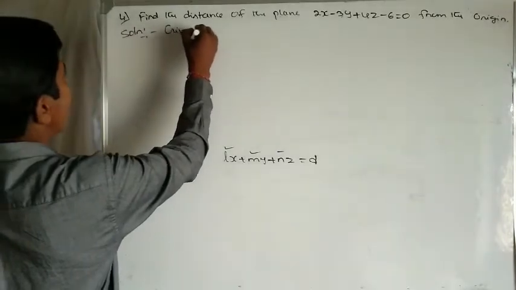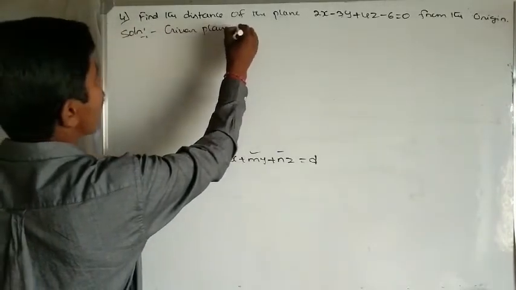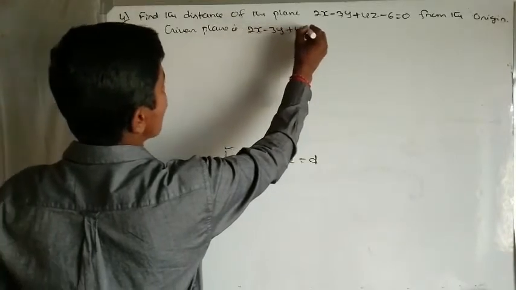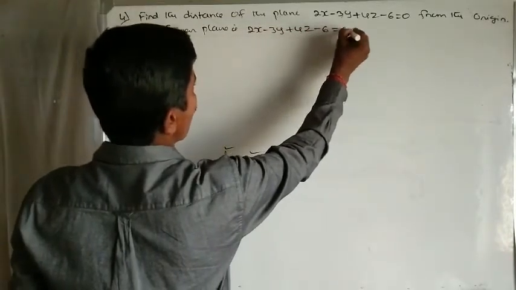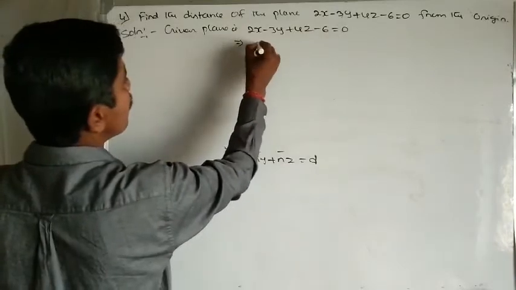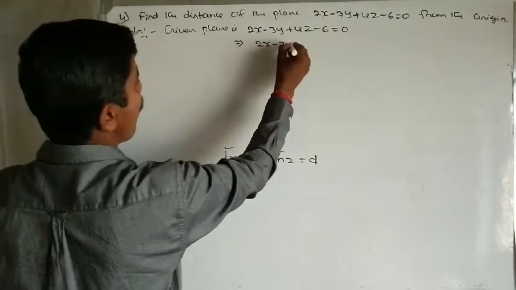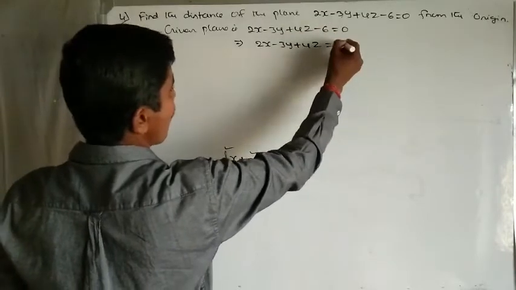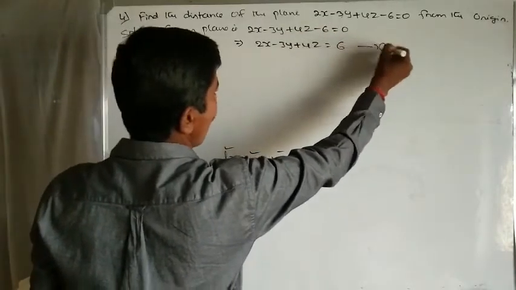Given plane is 2x minus 3y plus 4z minus 6 is equal to 0. So 2x minus 3y plus 4z is equal to 6, taking the minus 6 to the right side, call this equation 1.